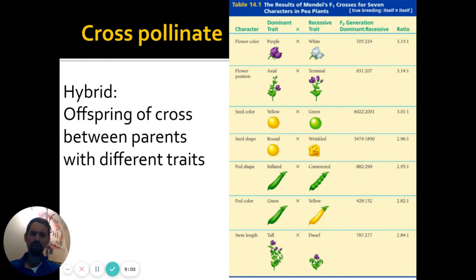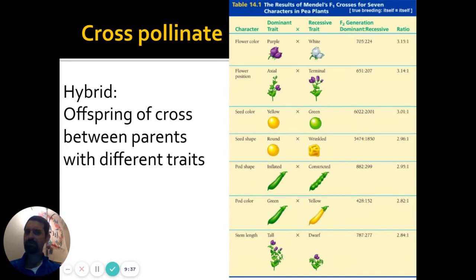So he started asking the question, how does this work? When I cross a purple and a white, I get all purple. But in the next generation, some of the whites start to appear. And he did some counting on this, and he found out that in that F2 generation, which we call our second filial generation, or his second generation from the originals, that he always had this 3-to-1 ratio of those traits that were hidden in that first generation that reappeared in that second offspring generation.